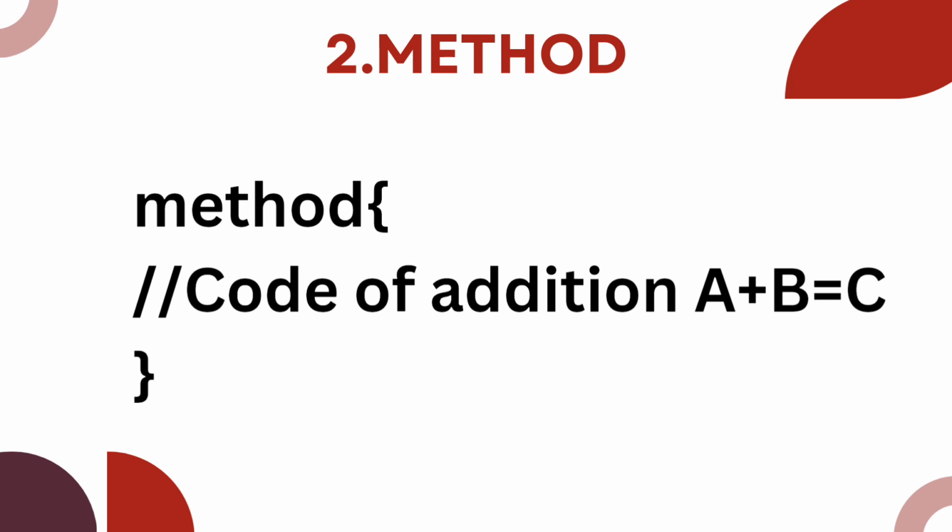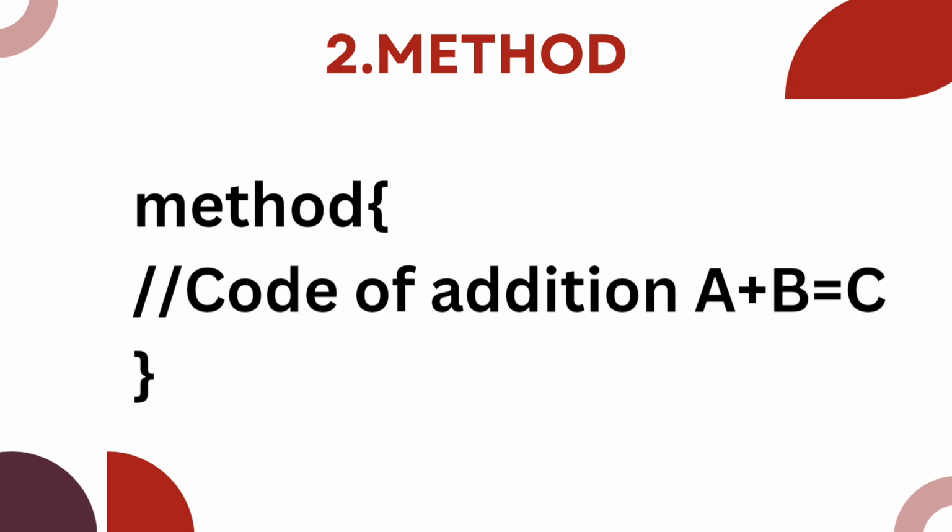Like this, you will write addition, subtraction, and more methods. The more functions you have, the more methods you can use, and you can call them within one program. So that is called a method.